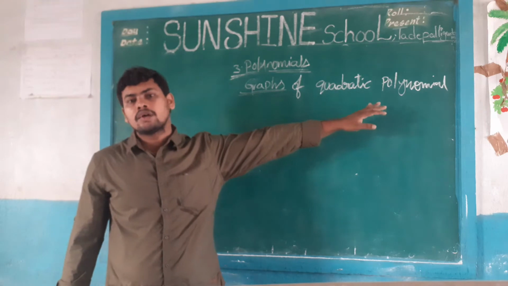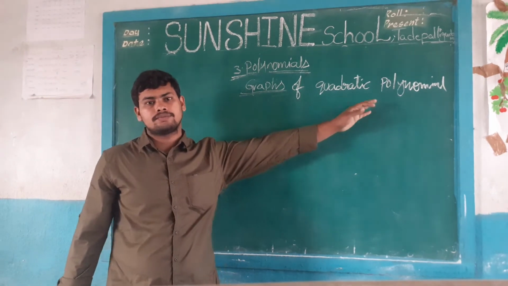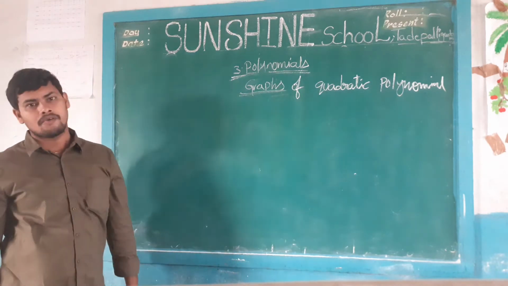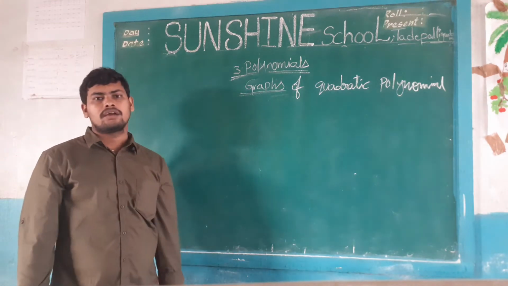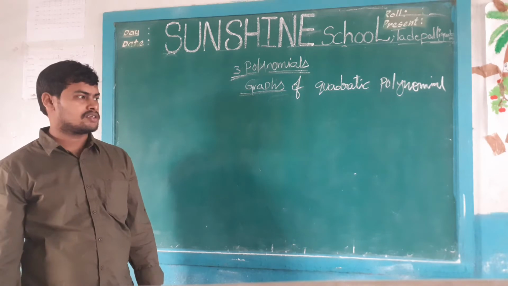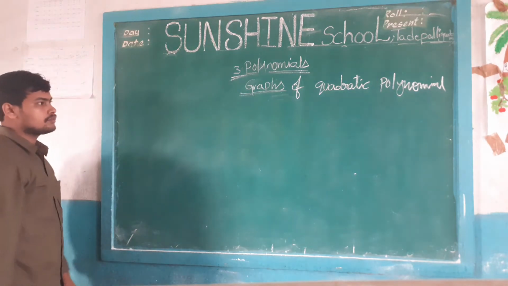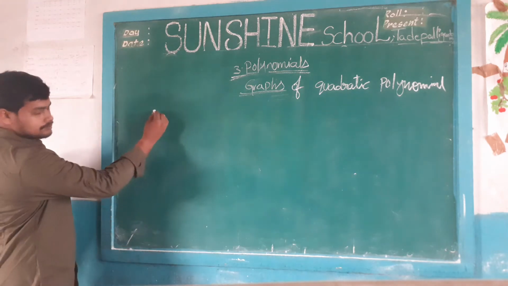Graphs of a quadratic polynomial. Whenever we have to draw any graph, we need points. So first of all, we have to create the points.